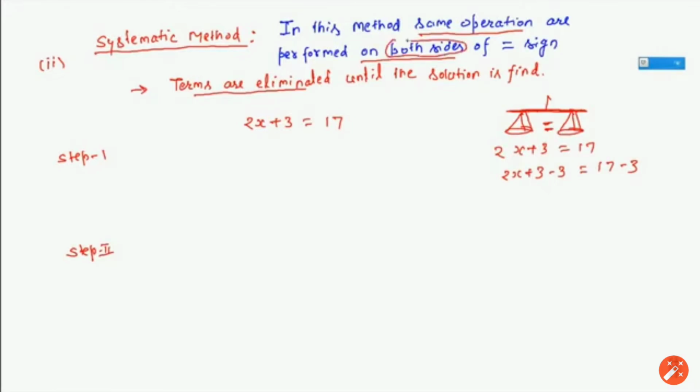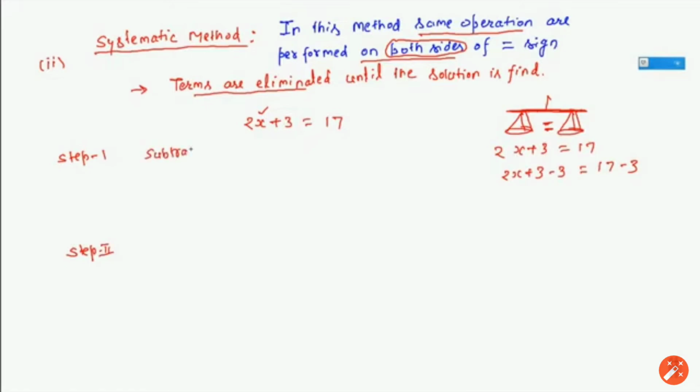How will we remove it? We will perform the same operation on both sides. That's why we have taken minus 3 in the LHS and minus 3 in the RHS. That means 2x plus 3 minus 3 is equal to 17 minus 3.